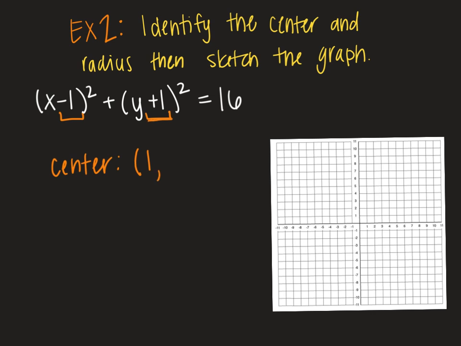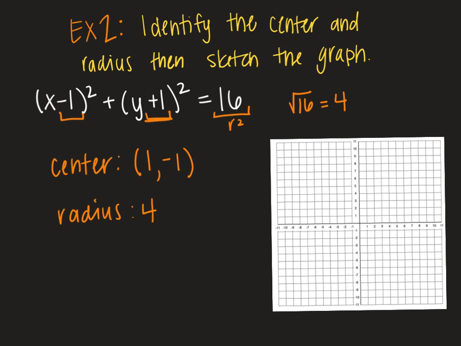For this one, it's a positive 1, so my y value is going to be a negative 1. That's my center. And then my radius is this value right here, but this is r squared, so I need to square root 16. The square root of 16 is 4. So my radius equals 4.